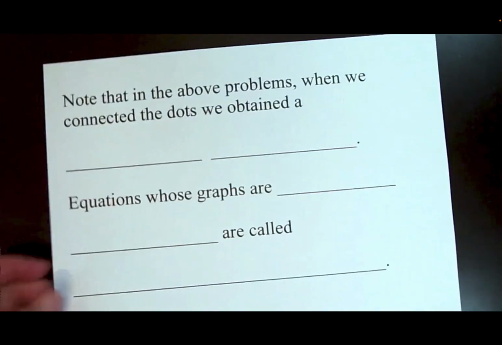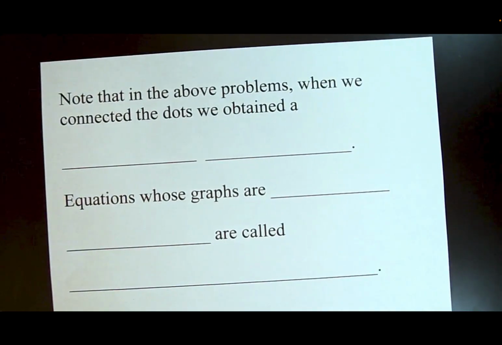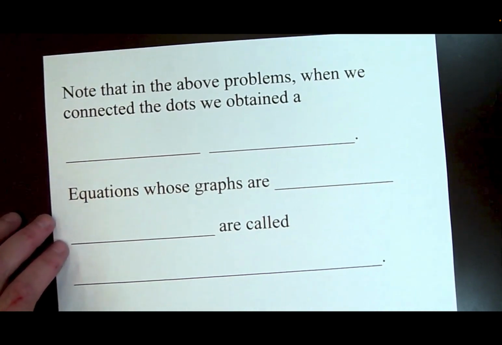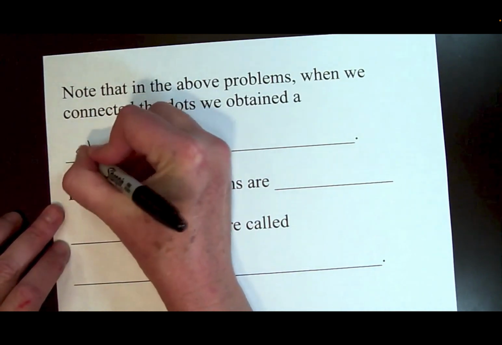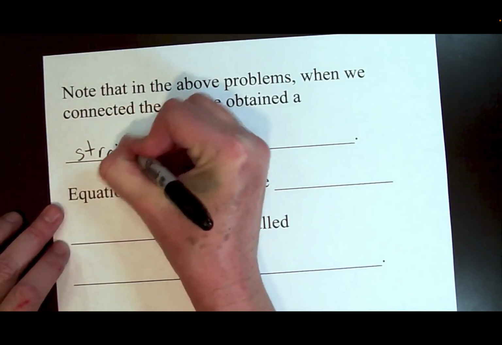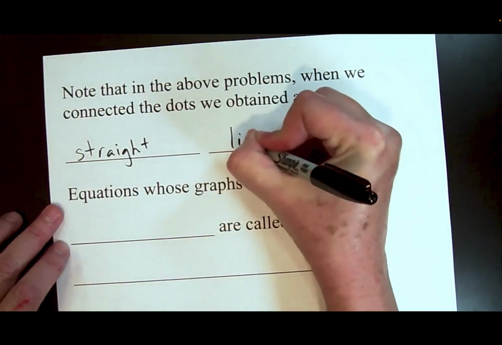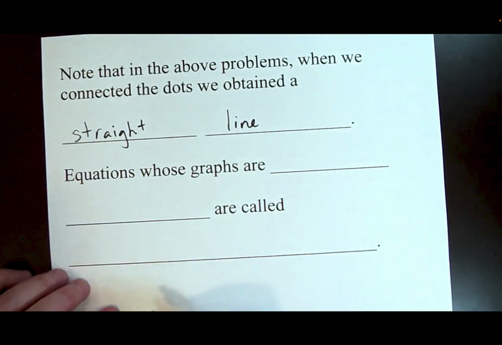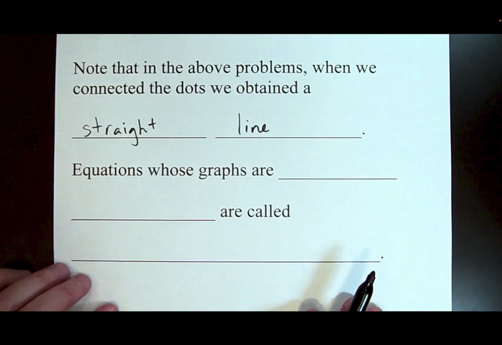Okay, and so hopefully that's what your line looks like. Now, notice that in both of the above problems, both the example I did for you and the Build Your Understanding problems, when you connected the dots, we obtained a straight line. And I even mentioned that the graph would be a line when I was talking about it.